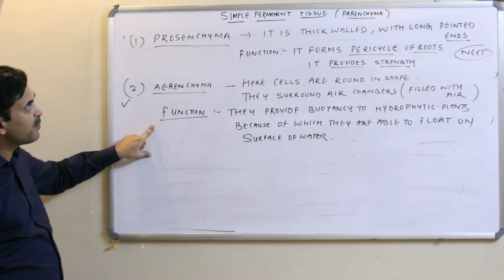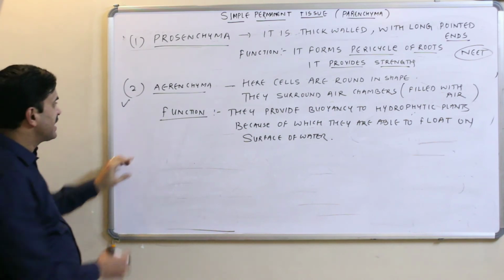So this is the second type of parenchyma, known as Aerenchyma.